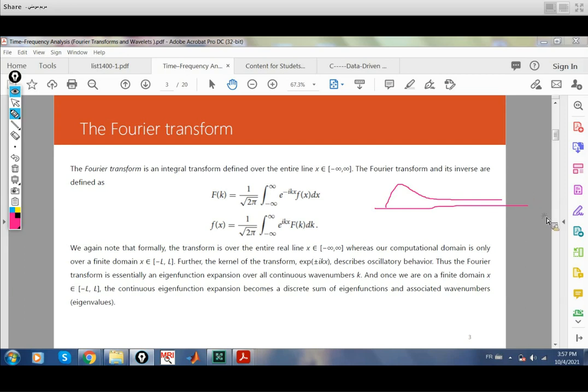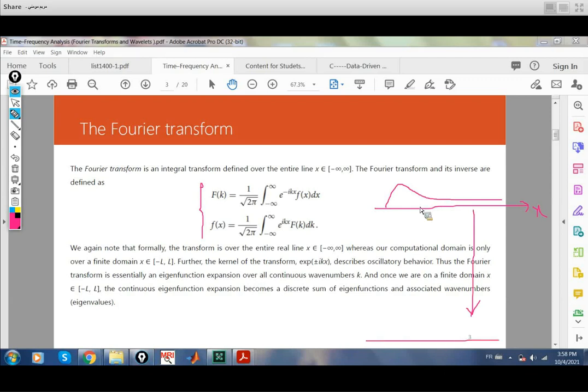Fourier Transform means that we transform a function from the x environment, from the time environment, to another environment, to another space. And that other space is Fourier space, the Fourier environment.